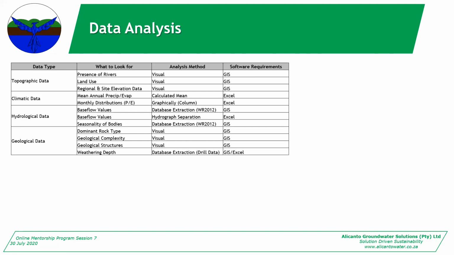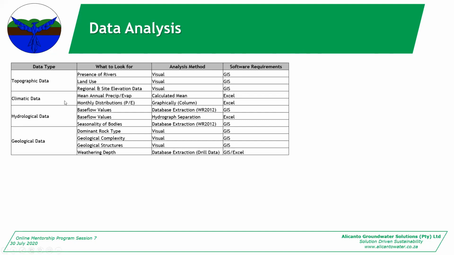Because those all have different hydrological cycles. And then you look at your regional and site-specific elevation data, just for your no-flow boundaries, etc., where your general flow direction might be in surface water. Those are all visual analysis, so you look at the map and you see if it's there or not. And for that, you'll need a GIS package, such as QGIS or Global Mapper, one of those.